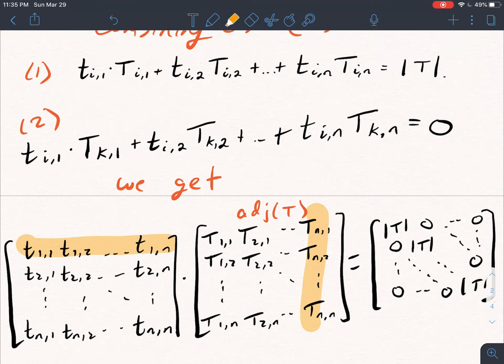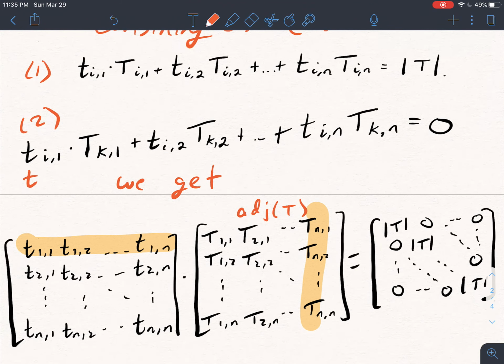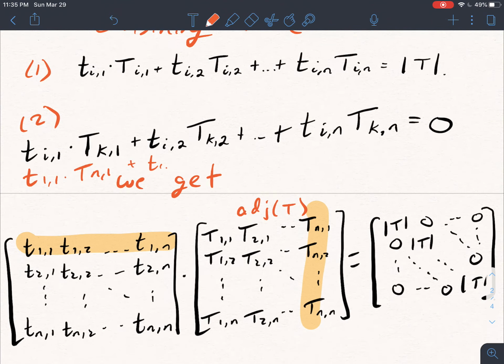Then I would have t_i1, t_i2 multiplied by T_n1, T_n2, and that would give me t11 times T_n1 plus t12 times capital T_n2.